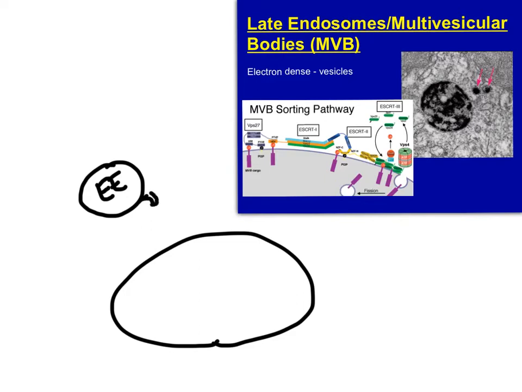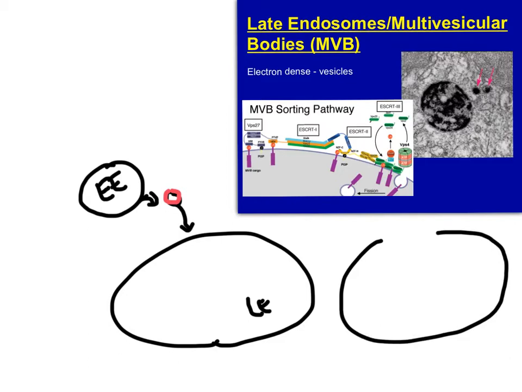When a vesicle buds off and goes to the late endosome, maybe I should make this red, this vesicle can end up fusing on that late endosome membrane, and you're going to end up with something that looks like this. All right. So you end up with that membrane and everything that was on the inside of that vesicle. If this had a little protein in there, it would end up looking like this.